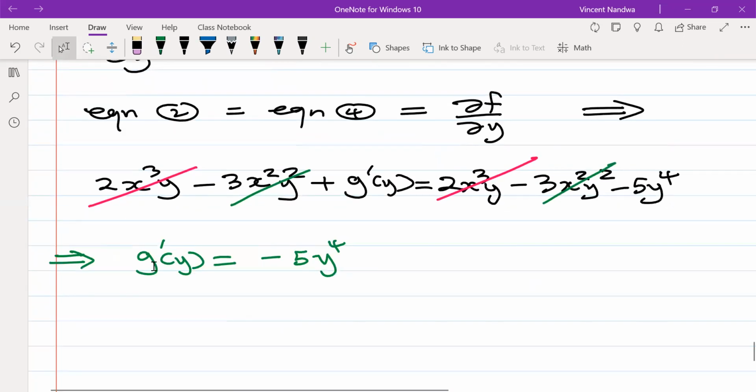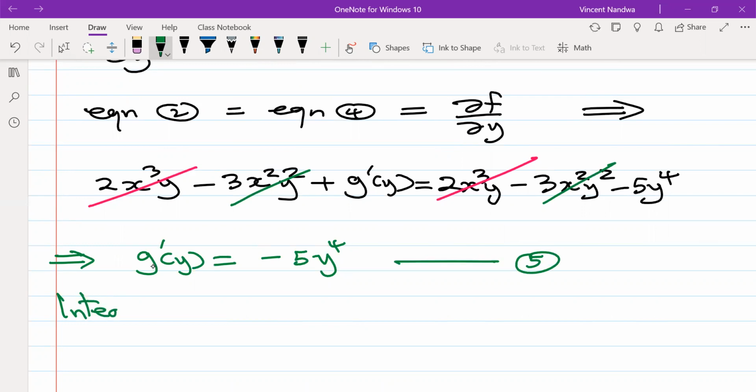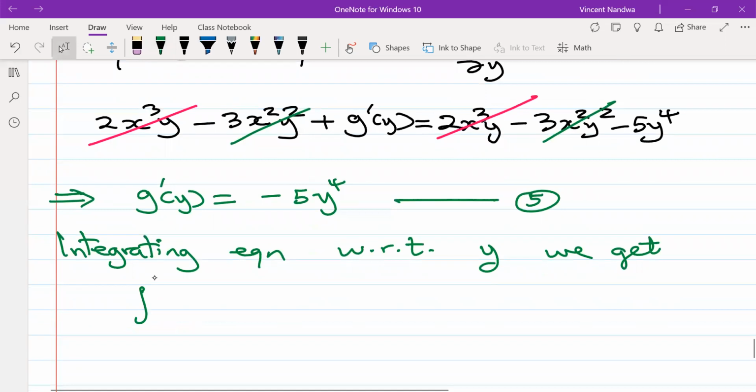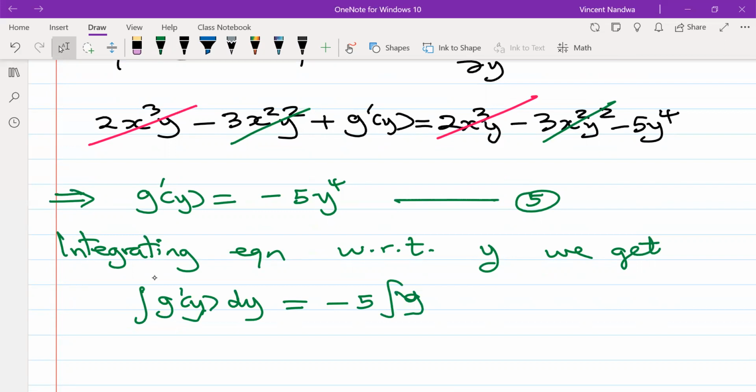So these are derivatives. To get g of y, we integrate this equation. Let's call this equation 5. Now integrating with respect to y, we get the integral of g prime of y dy equals -5 times the integral of y^4 dy.